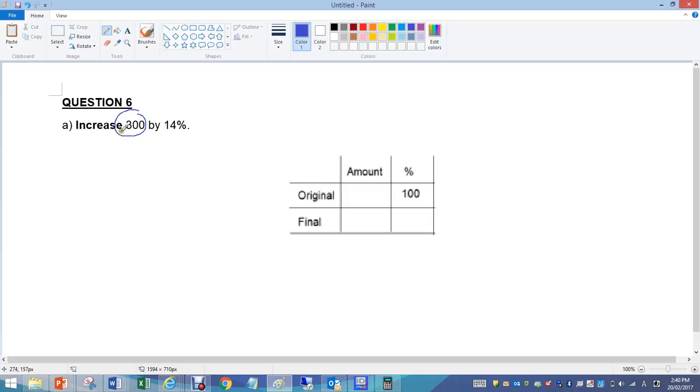If we're increasing 300, we must be starting with 300 and then increasing it. So the original amount is 300. It's increasing by 14%. So the original percentage was 100%. If we increase that by 14%, then in this box, 100 plus 14% must be 114%.